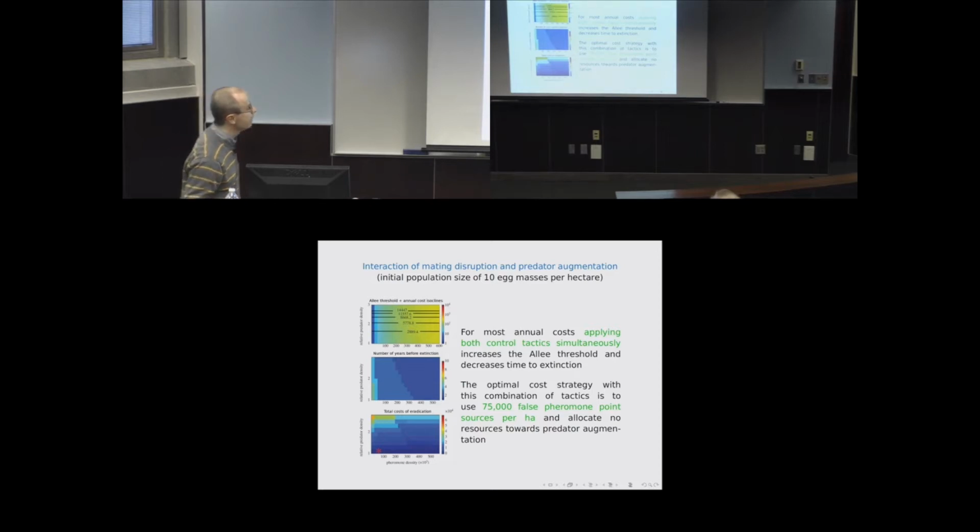What's interesting here is that this part of the space is very large. This part says that for any combination of these, the population will be extinct in 2 years. And the optimal strategy says use only pheromones, so the spray only from the airplane.